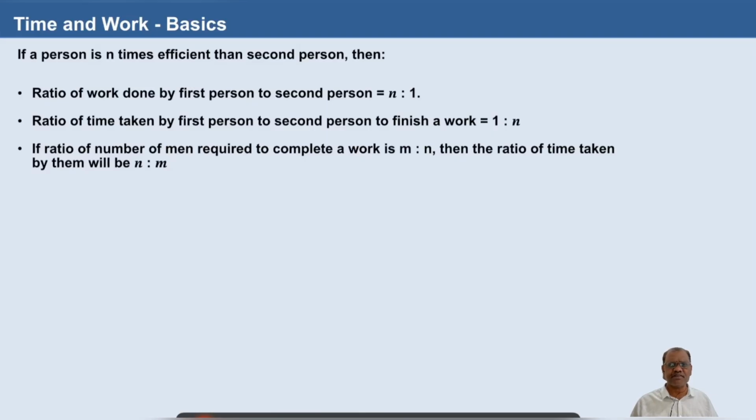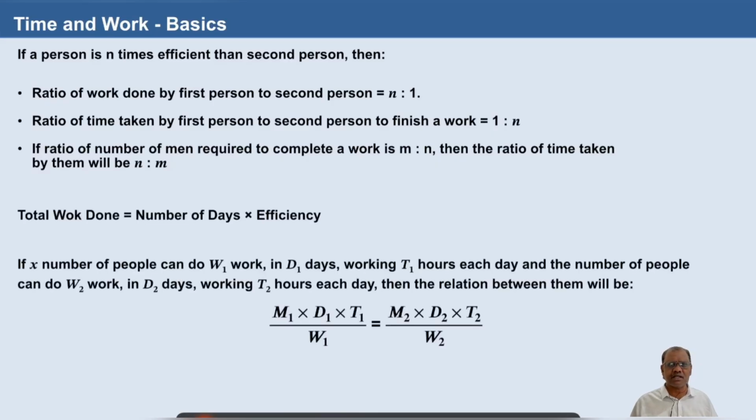If the ratio of number of men required to complete a work is m is to n, then the ratio of time taken by them will be n is to m.